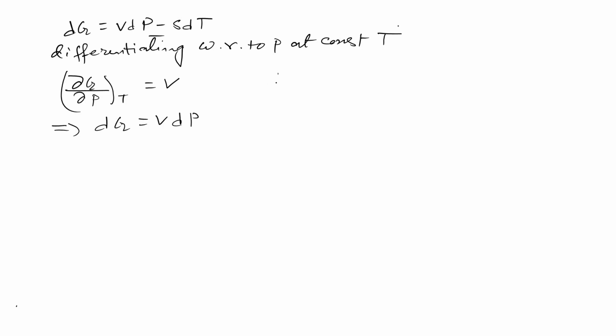Now we know that for ideal gas, PV is equal to RT for 1 mole.